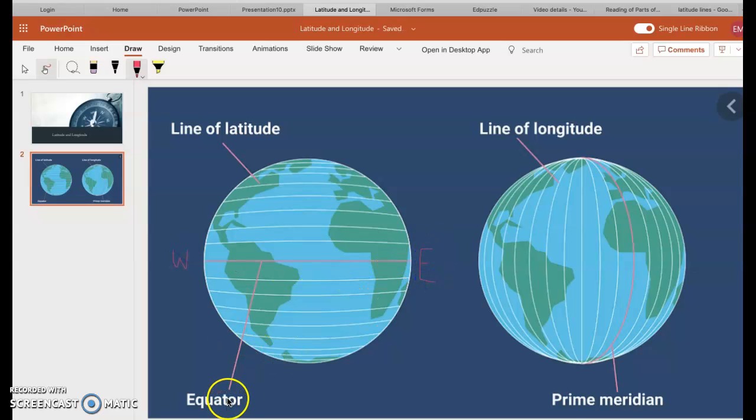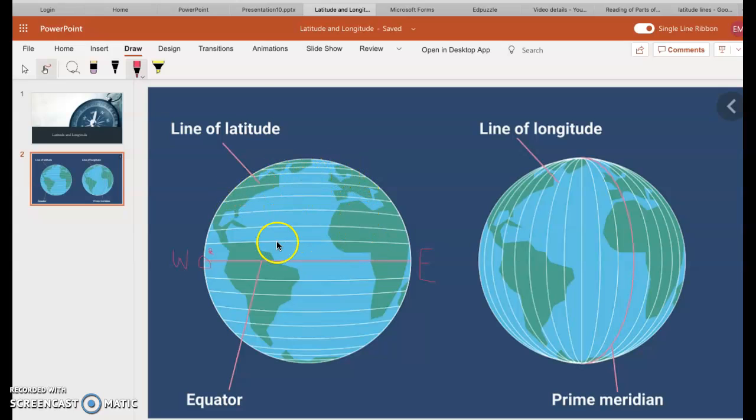Now our equator is located at 0 degrees. 0 and the little degree symbol. Okay, so 0 degrees is our equator. It runs from the west to the east, east to the west. All of these white lines run from the west to the east, east to the west.